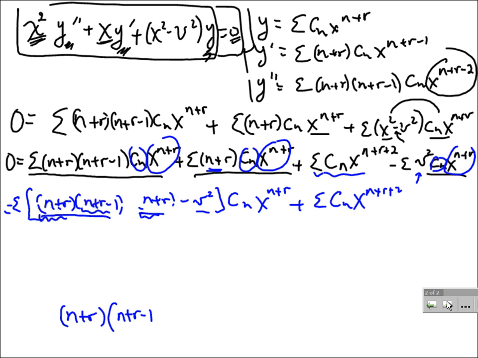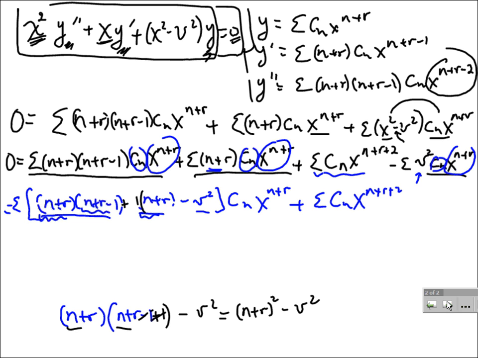I can think of this as plus 1 times (n plus r). So when you add 1, this kind of cancels. Minus the v squared. So we have n plus r times n plus r, which is (n plus r) squared minus v squared.